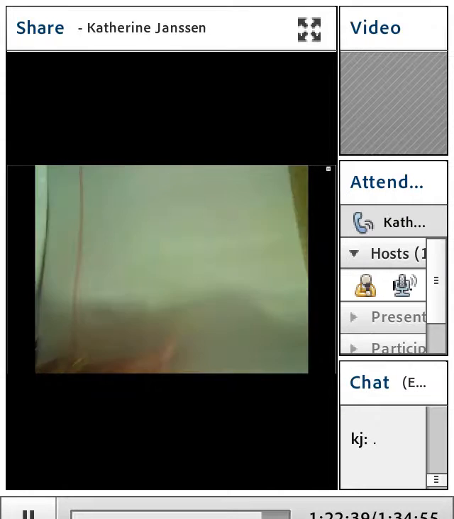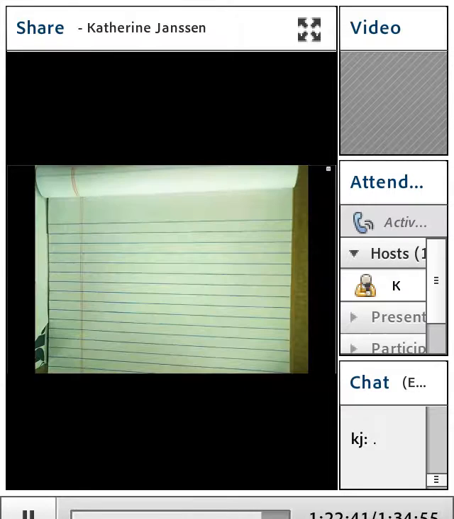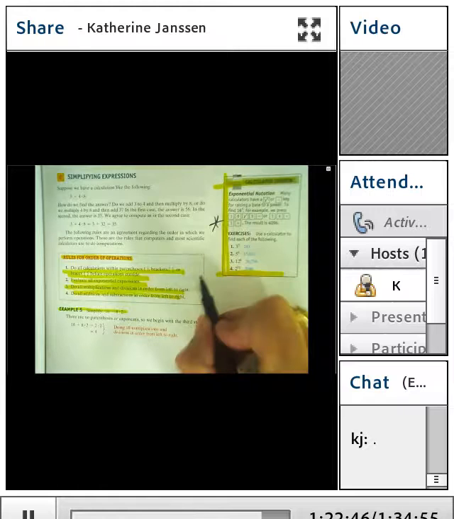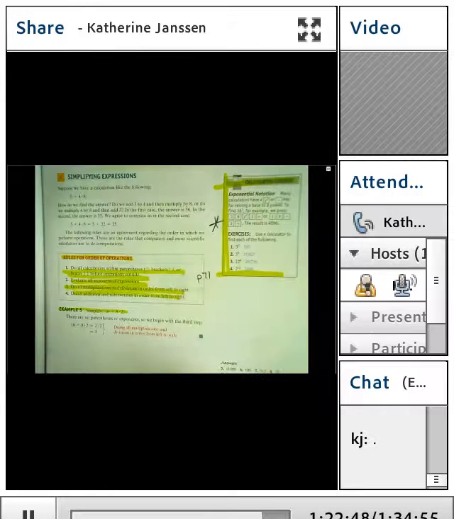So now we can introduce our rules for order of operations on page 71. Very important page, very important rules. Your calculator, device, Google Calc, obey these rules.